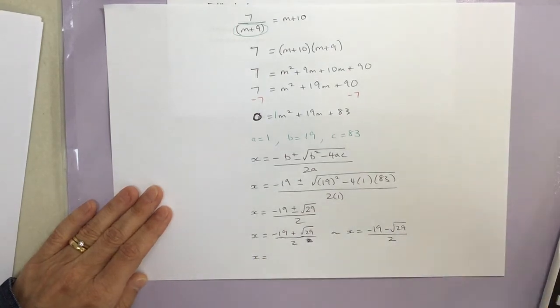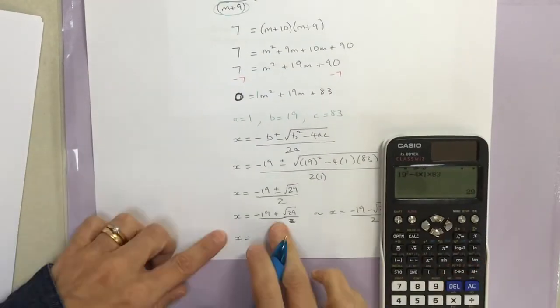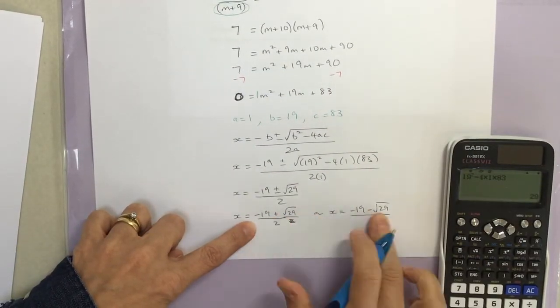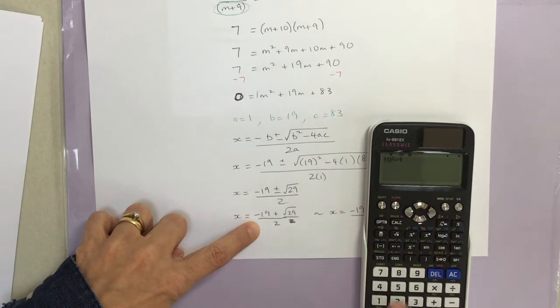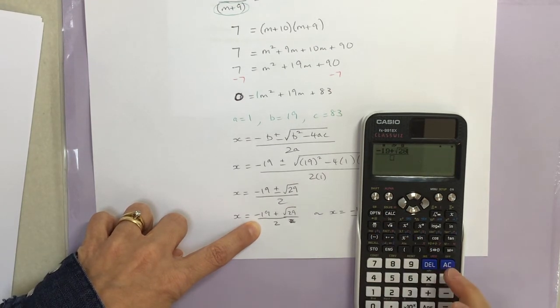Let's sort out those values. We're asked for 2 decimal places, so let's sort out these values as decimals. If we were asked to leave our answers in surd form, that would be our final answers. But let's have a look at this. So minus 19 plus root 29 all over 2.